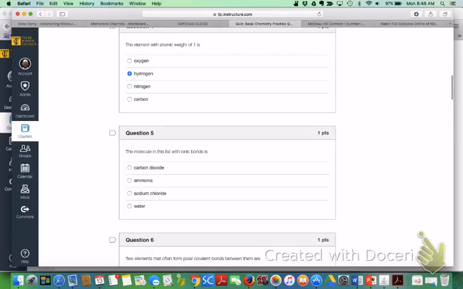The molecule is listed with ionic bonds. Sodium chloride, that is like the one we always teach, the example of ionic bonds. So sodium chloride consists of a sodium ion and a chloride ion. And what about water? What kind of bonds? Polar covalent.